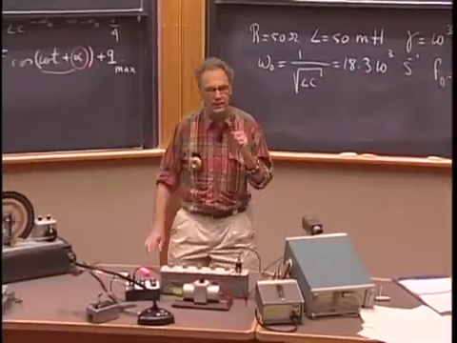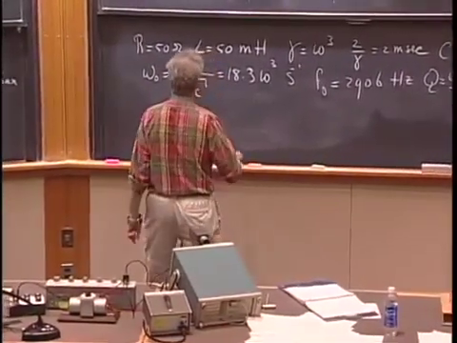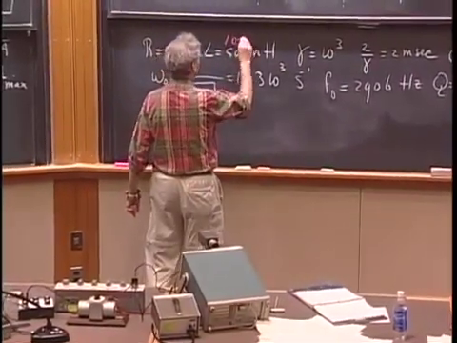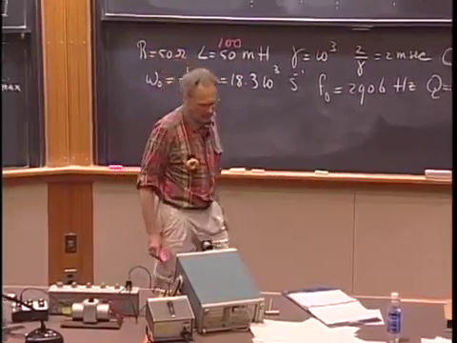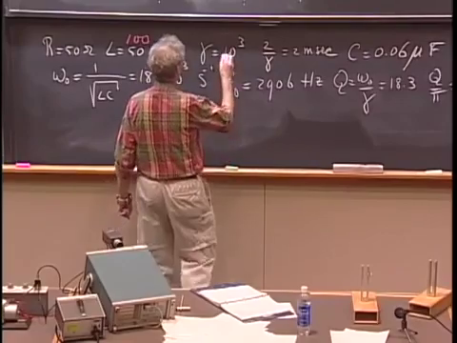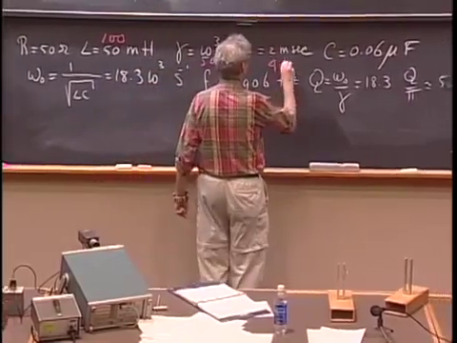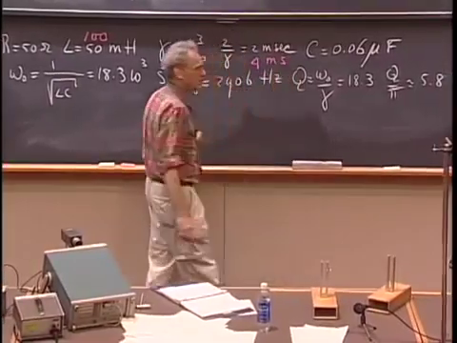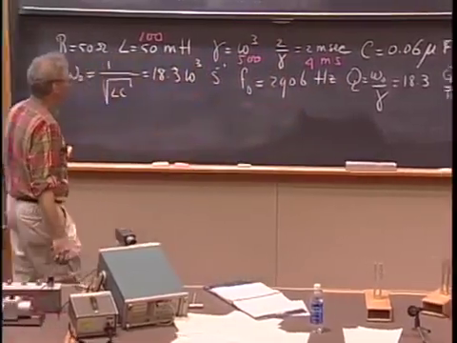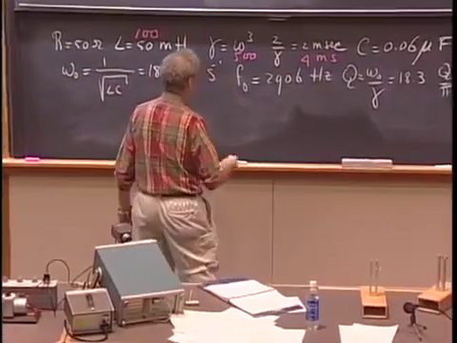However, while we're at it, I'm going to kill 2 birds with 1 stone. I'm then going to make this 100 millihenry a little later, which changes the gamma. The gamma becomes 500. The decay time then becomes 4 milliseconds. I'm not going to change C. So the frequency goes down by the square root of 2.